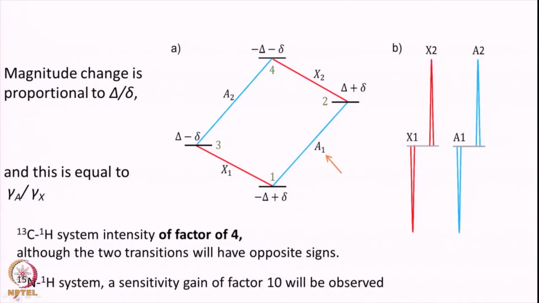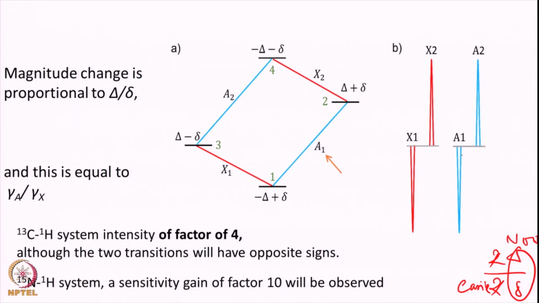So, how much enhancement are we getting? Because of the perturbation we got essentially 2 big delta, and earlier we had 2 small delta. So, essentially we are getting an enhancement of big delta divided by small delta.